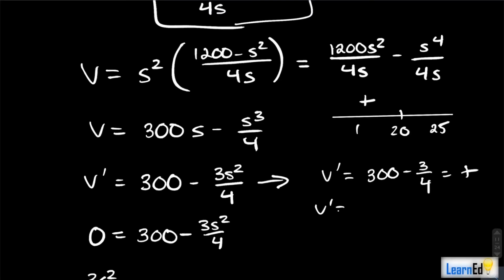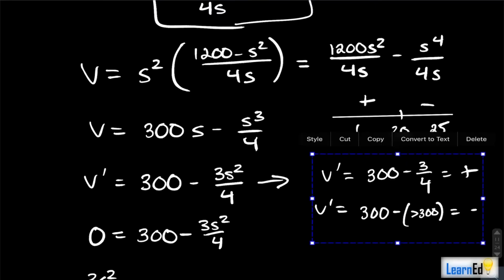And if we plug in 25, we'll have 300 minus 25 squared. It'll just be some huge number, times 3 over 4, something larger than 300, and we get negative. So yeah, it's a max. Okay, so that's the idea.